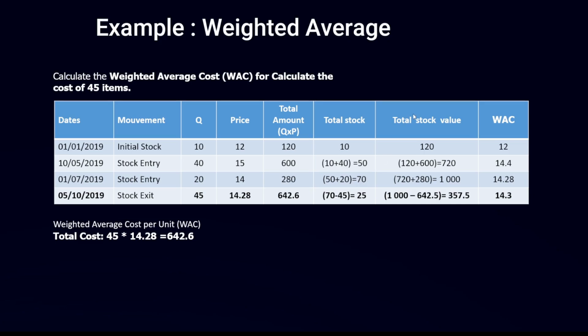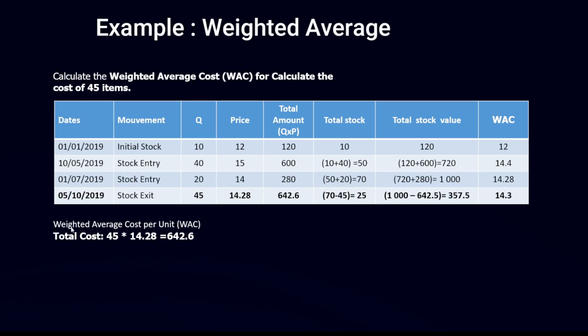Then we calculate the total stock value, which is what we had in the last period, 720, plus the total purchase, 280, and we get the total stock value of 1000. Our weighted average cost is 14.28. We get this value by dividing 1000 by 70 items.